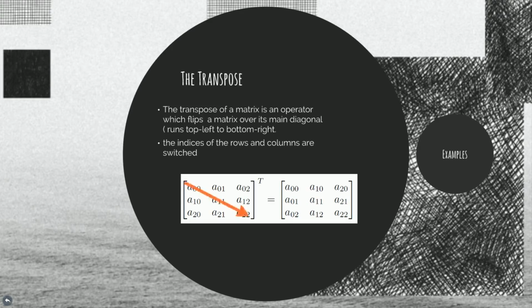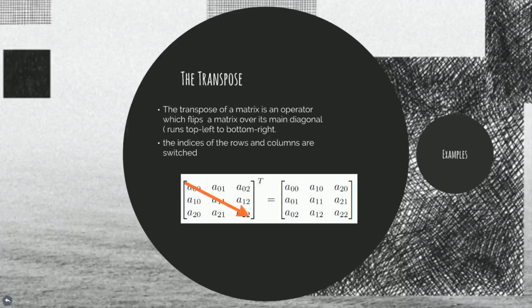And then the indices of the rows and the columns are going to be switched. And so you see here this superscript T, that's how you denote a transpose. It's going to be a superscript T, and you see that in the top right of the first matrix. And then on the right we get the transpose, so the indices are switched. You see along that top row we now have A00, A10, A20.